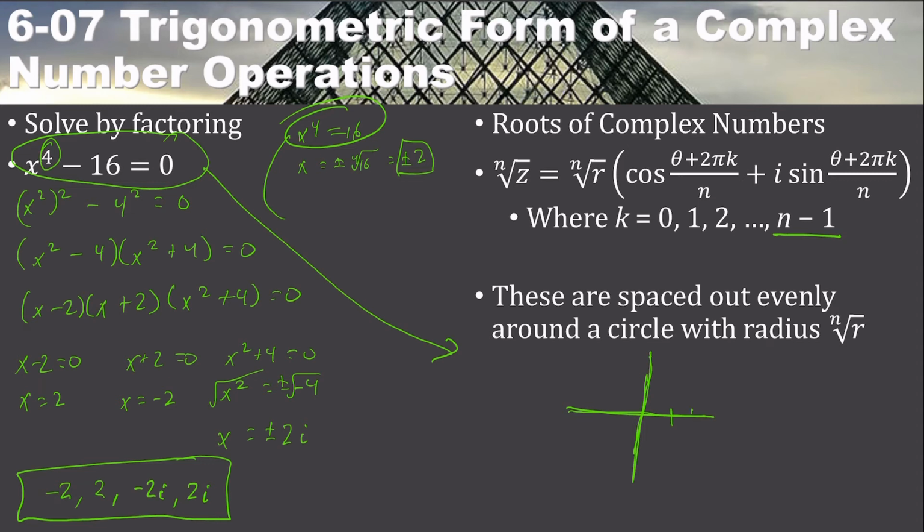The fourth root of 16 is 2, but I also had negative 2, 2i and negative 2i. So notice it's a circle. Those points are evenly spaced around the circle, and the radius is the nth root of r, the fourth root of 16. They're all like that. It's pretty cool. If you do cube roots, you'll get them spread out evenly. It's really cool.